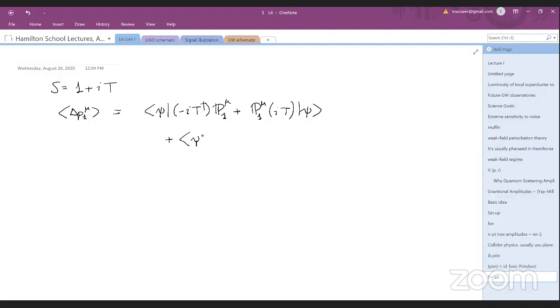But there is still a quadratic term in the transition matrix. So that's something where we would have to put in an intermediate state in order to express it in terms of amplitudes. And so we can now write this out in a form that makes this commutator structure a little bit more manifest.